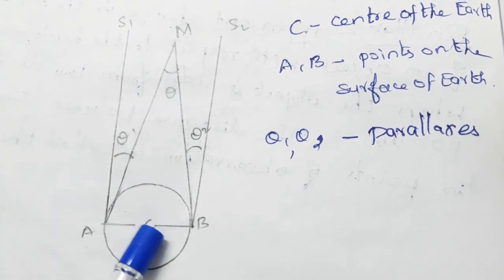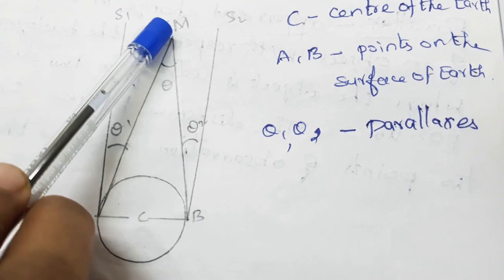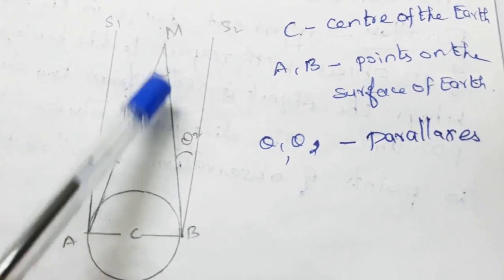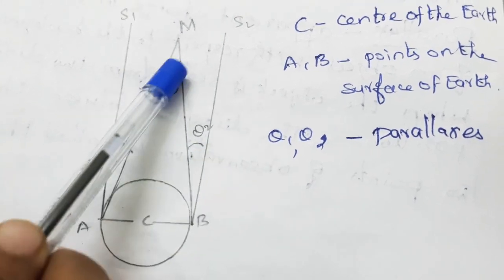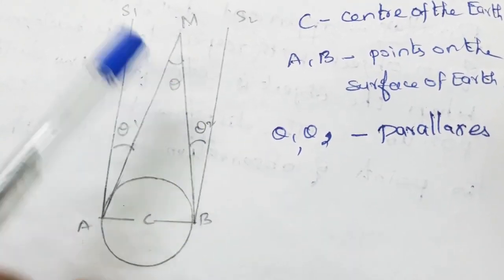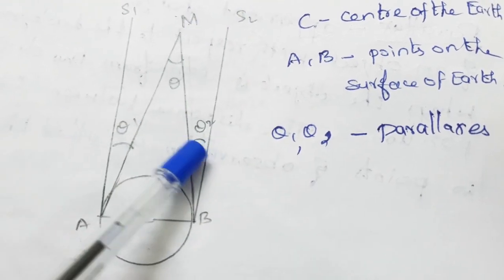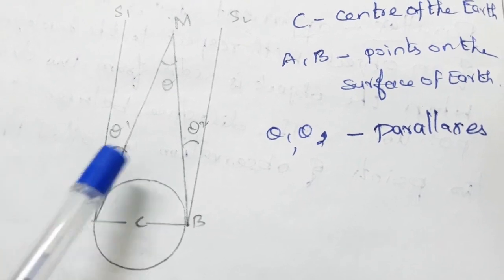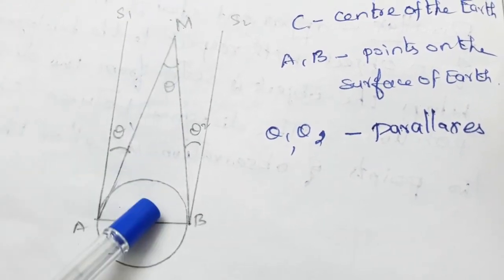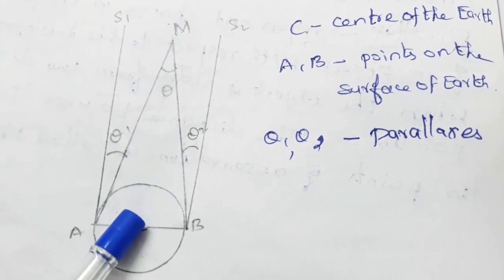So C is the center of the earth, A and B are points on the surface of the earth, M is the moon, and theta is the parallactic angle. Theta 1 and theta 2 are the parallaxes, measured with reference to stars S1 and S2 with the help of an astronomical telescope. Our aim is to calculate the distance of the moon from the earth, that is MC. Only MC we should calculate.